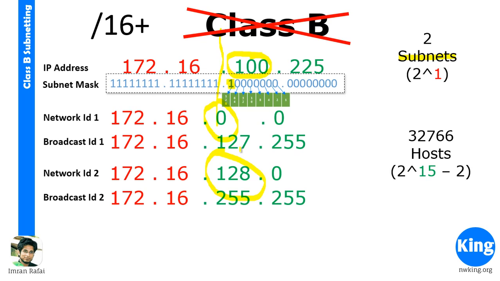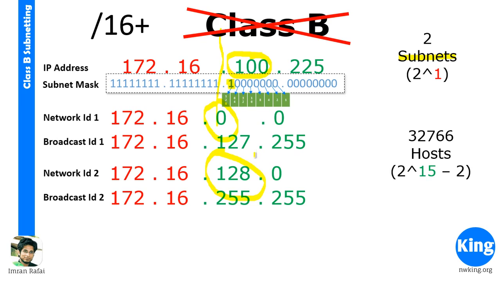So 128.0 minus 1 is 127.255, where 255 is the largest number, right? And the broadcast ID of the last network, as we always know, is making everything 255. Like the first network ID is 0.0, the last broadcast ID is 255.255. It's very, very simple, isn't it?